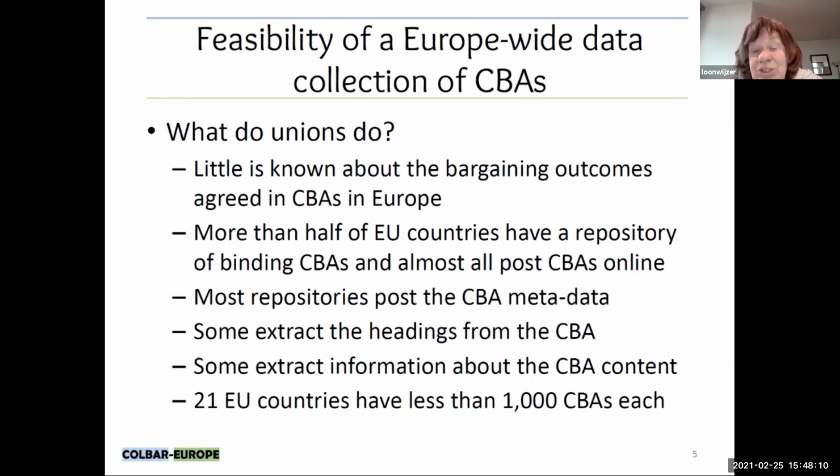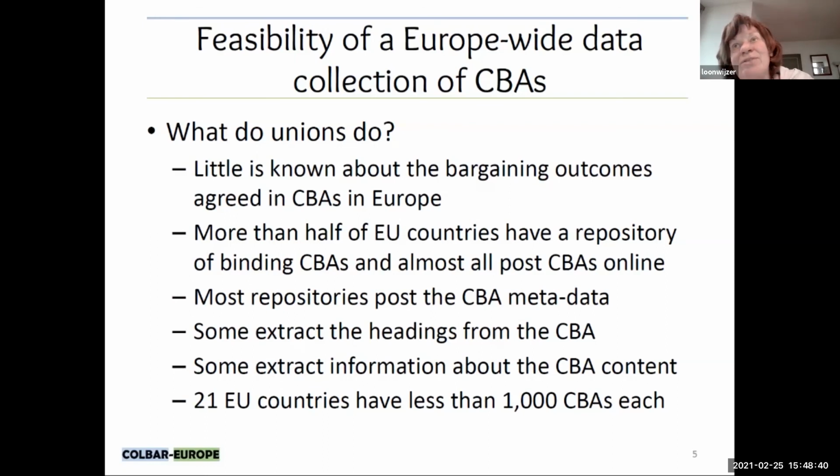We think that it is doable to really set up a European-wide data collection, because 21 of the 27 EU countries have less than 1,000 collective agreements. That means that in terms of the volume of collective agreements to be coded, that seems doable.